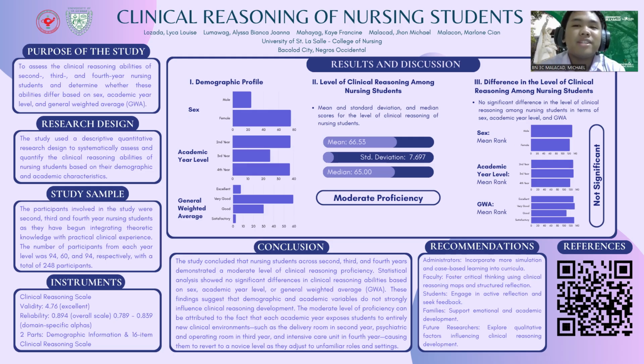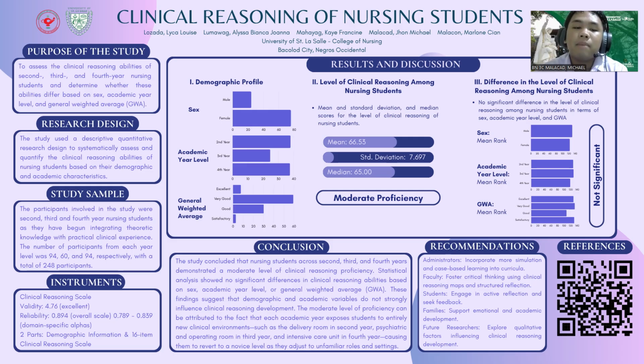Moving forward to our results and discussion. For the demographic profile of the participants, results indicate that in terms of sex, 75.8% are females, while 24.2% are males. Regarding academic year level, the distribution is relatively even, having 37.9% in second year, 37.5% in fourth year, while 24.6% were classified as third year nursing students.